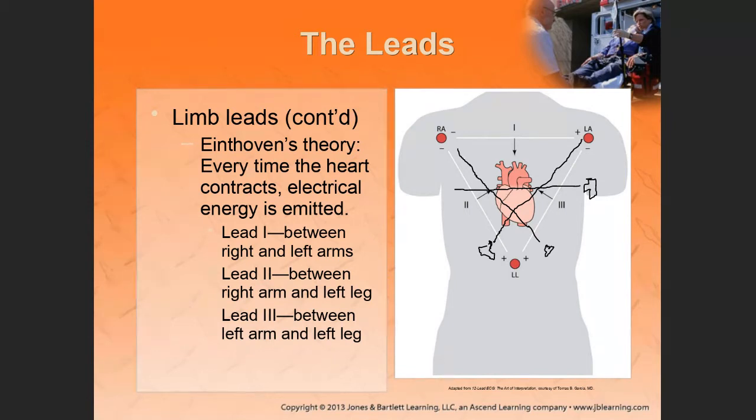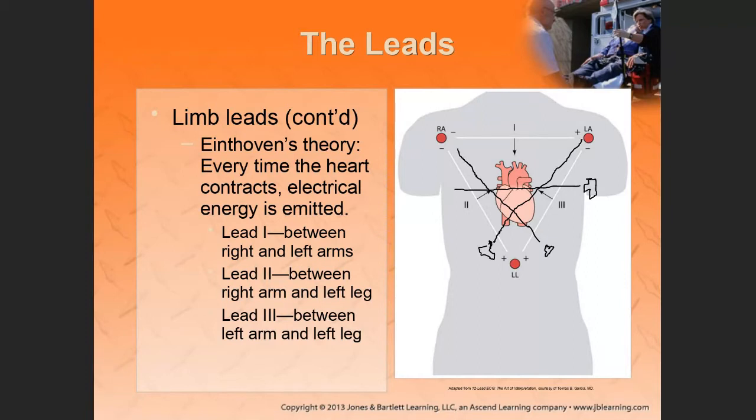So they augment the limb leads to form 3 more leads, and they are referred to as augmented limb leads. So you get 6. So it then becomes 6 limb leads plus the 6 precordial chest leads, and we now have a 12-lead ECG, but it's still only 10 electrodes.